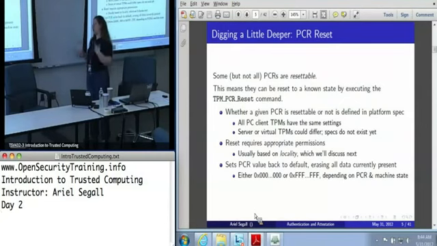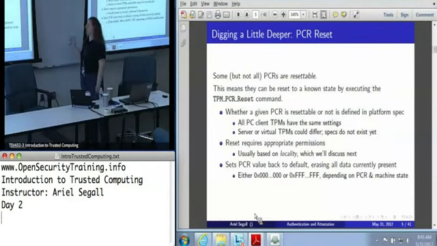And there's a couple of PCRs which, according to the spec, may be all zeros or all ones, depending on, for example, whether the DRTM is executed. That's a level of detail we're not going to get into right now. The important part is that resettable PCRs do go back to a known state, and we generally can't tell whether a PCR has been reset or not.